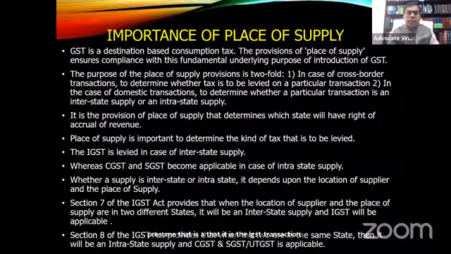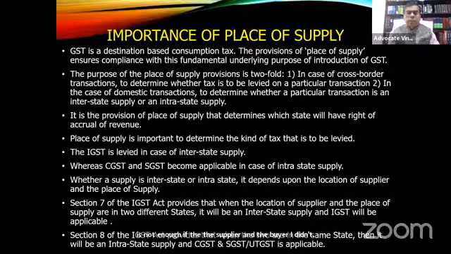But again here, in order for a transaction to be covered within the definition of inter-state supply, it is essential that the location of the supplier and the place of supply are in two different states. It is not enough if the supplier and the buyer are in two different states.